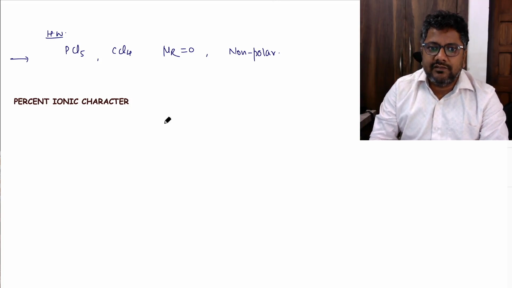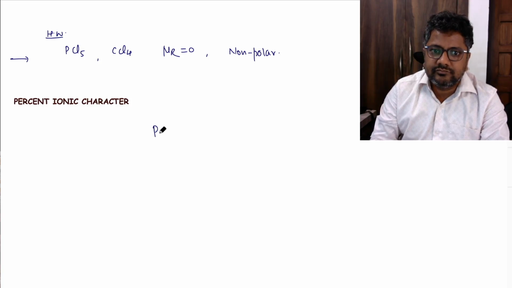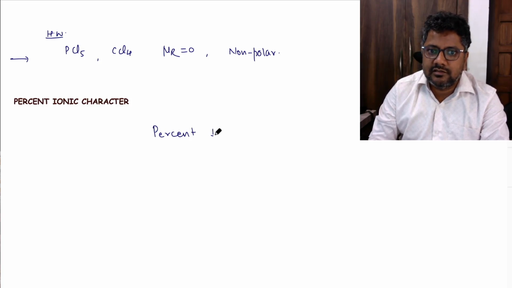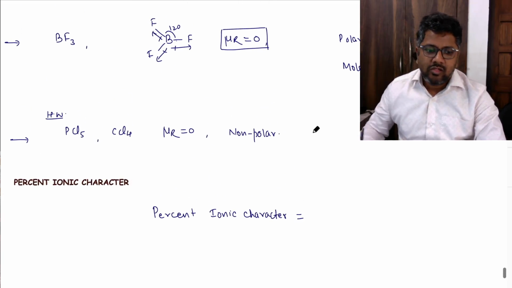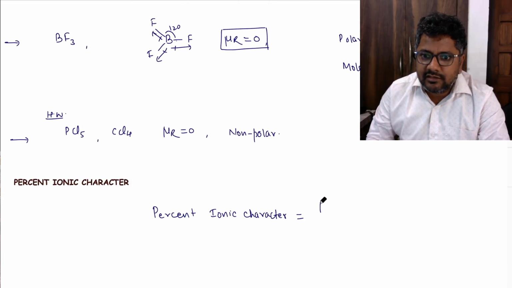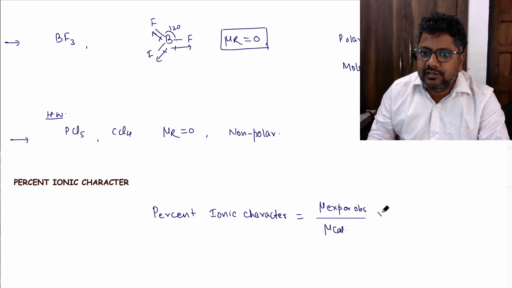So percent ionic character is equal to mu observed divided by mu calculated into 100.